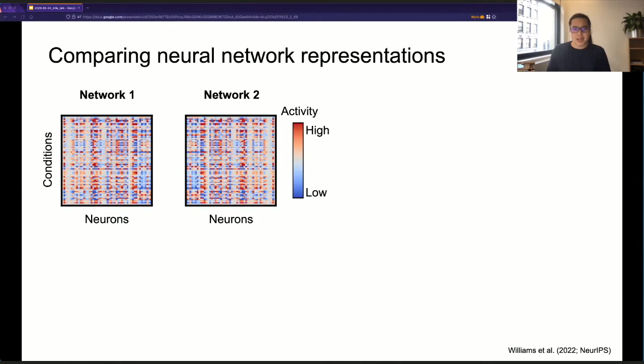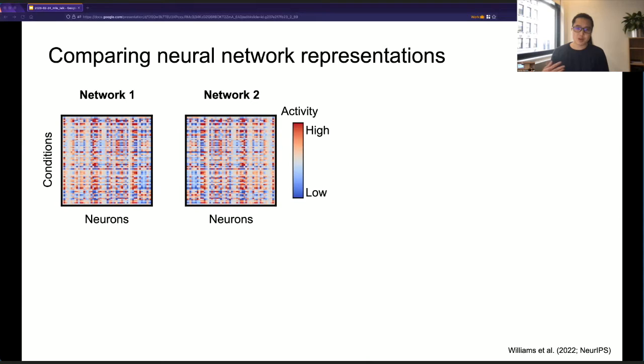So I hope that I have convinced you that we're in the era of neuroscience and machine learning now where experiments produce huge data sets from multiple animals or networks performing the same task. Here I'm showing you two matrices representing simultaneously recorded activities from neurons in two different networks.